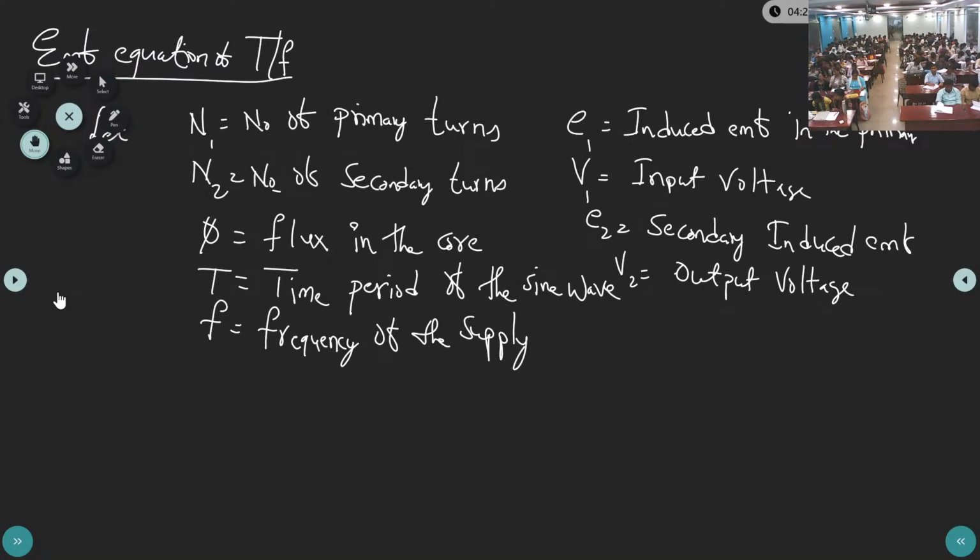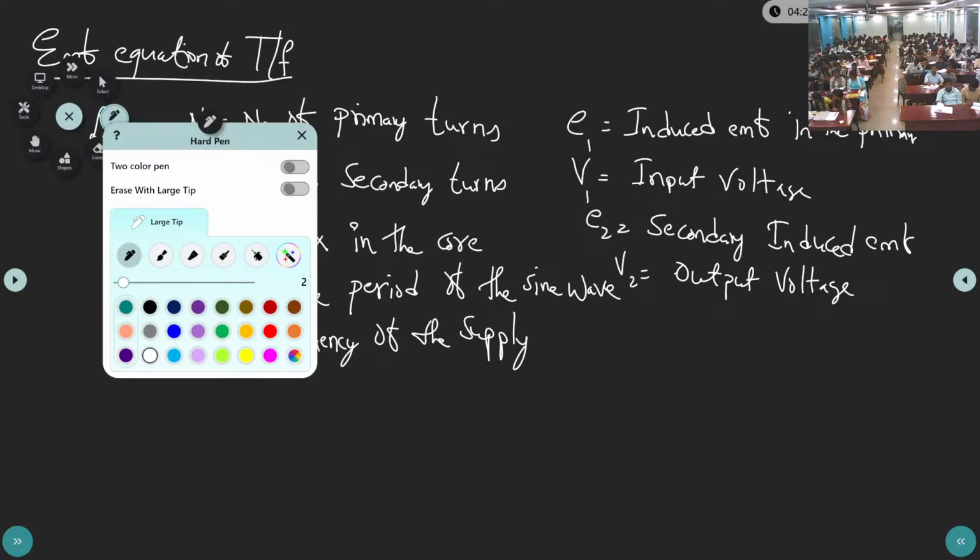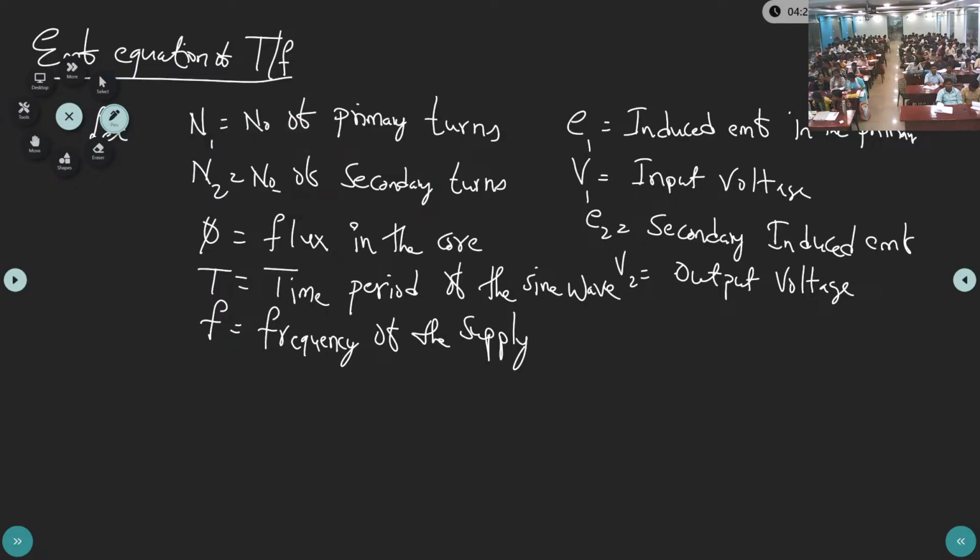So here, by the principle of mutual induction, how is the EMF induced? By the principle of mutual induction. So now by the principle of EMF, E is equal to N dφ by dt.